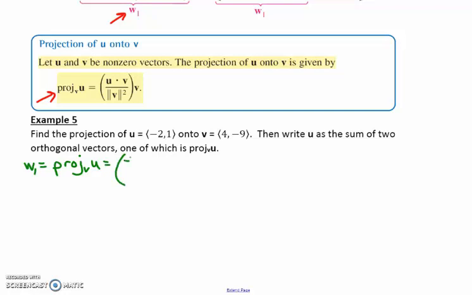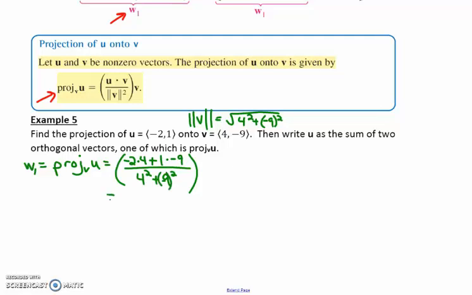So we have negative 2 times 4 plus 1 times negative 9 over the magnitude of v squared. So that's going to be 4 squared plus 9 squared. Because remember, the magnitude of v is the square root of 4 squared plus negative 9 quantity squared, which is the same thing as 9 squared. And actually, I probably should put that negative there.